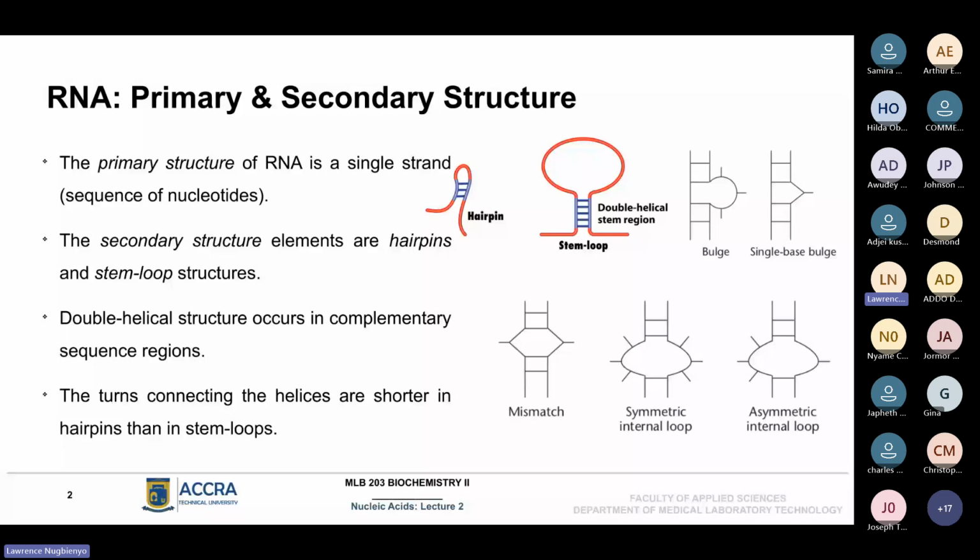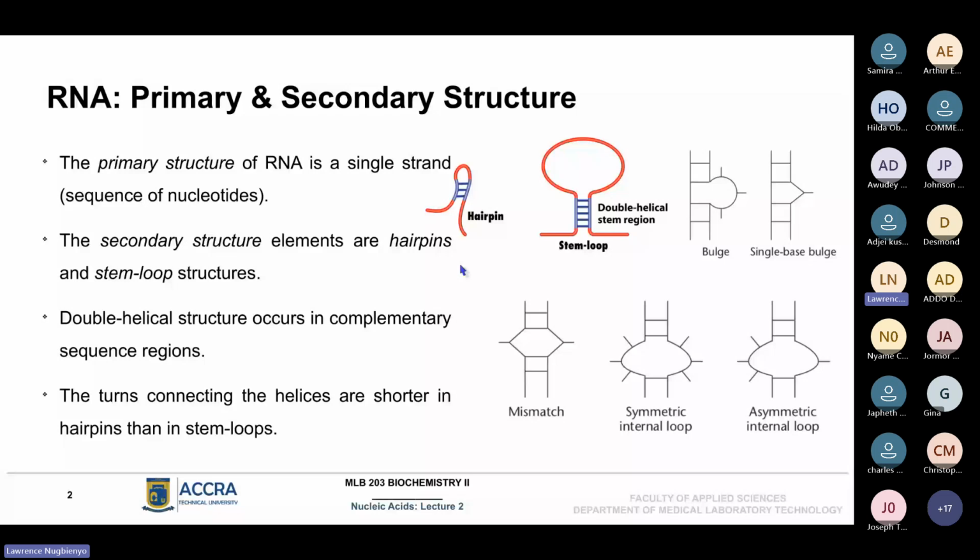Now, you can have what we refer to as a secondary structure of RNA molecules, just as we have in DNA, except that in RNA molecules, it is not two separate strands that are bonded together. They are not bonded in a manner such that there is base pairing between two separate strands. But you can have what, for instance, we refer to as a hairpin structure of RNA.